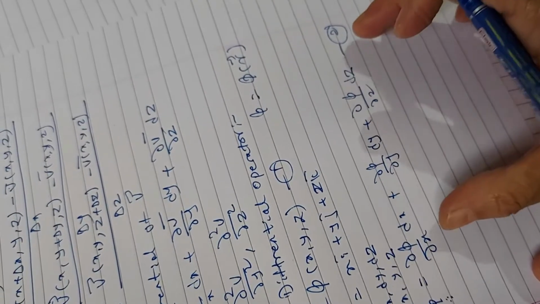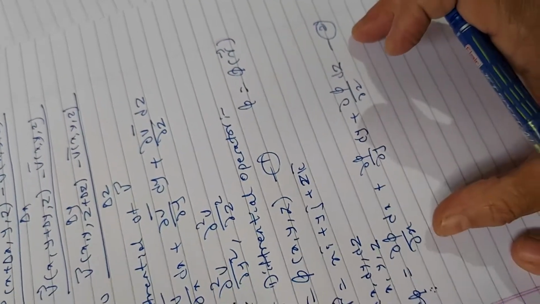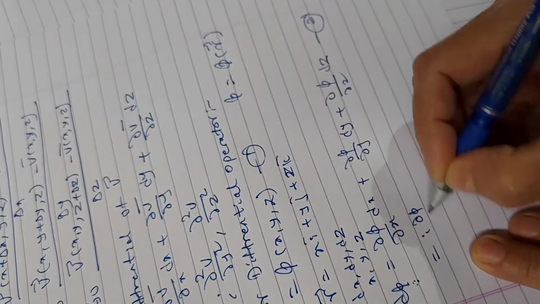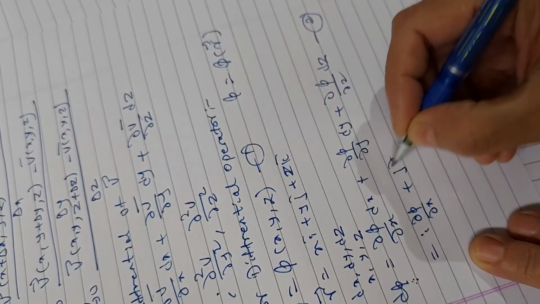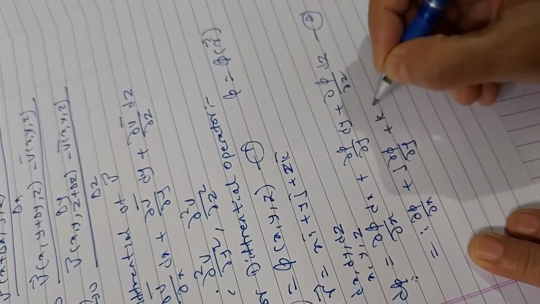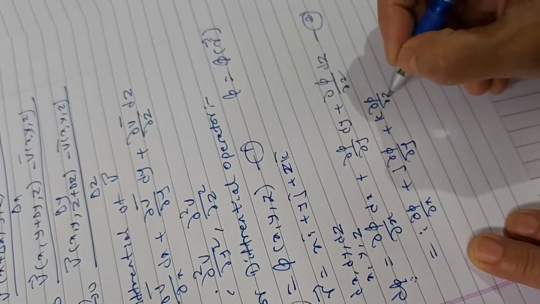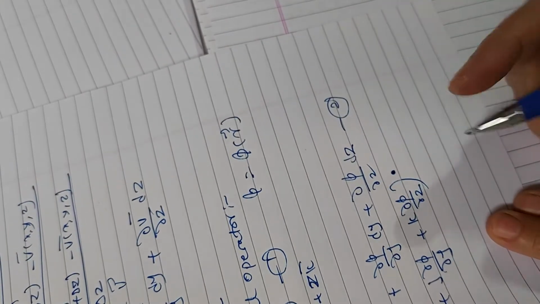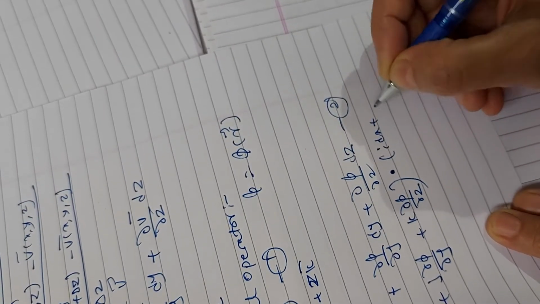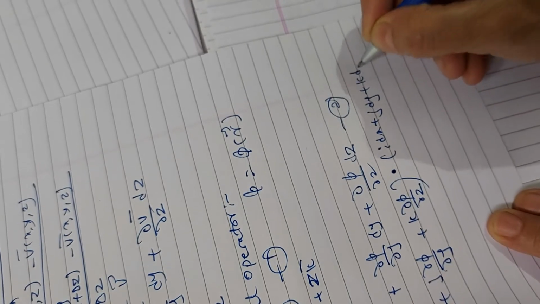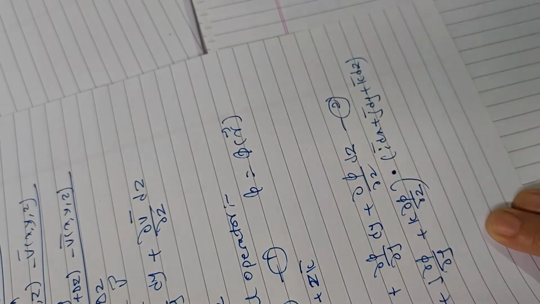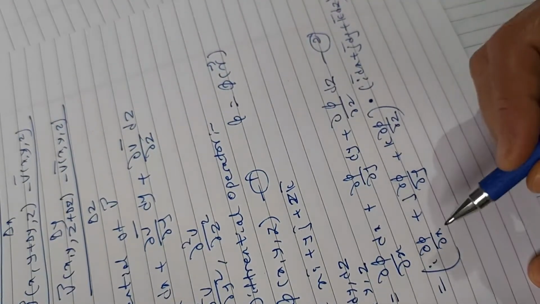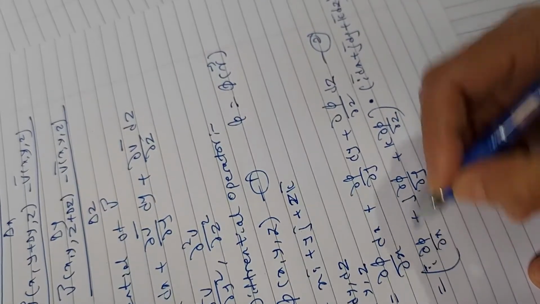Correct? Now how we can write the RHS matters now. I will write i del phi by del x plus j del phi by del y plus k del phi by del z, dot, i dx plus j dy plus k dz. Correct? Now what I used over here is the identity i dot i, j dot j and k dot k.